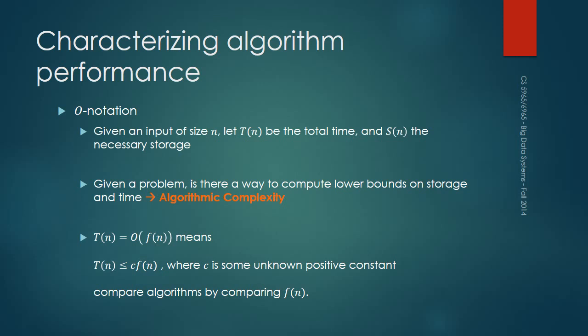So we say that an n log n algorithm is going to be better than an order n square algorithm. And now you might have two different algorithms to do the same particular task. One requires n square storage, but will do it in order 1, which is constant time with respect to the problem size, whereas another is going to take n log n time and require order n storage.